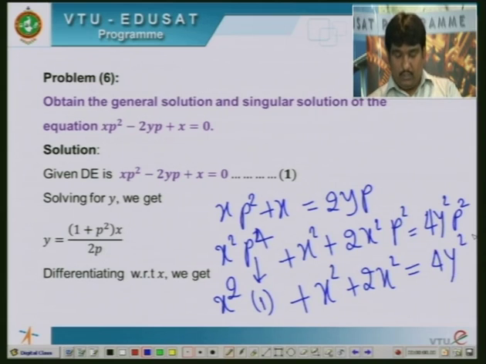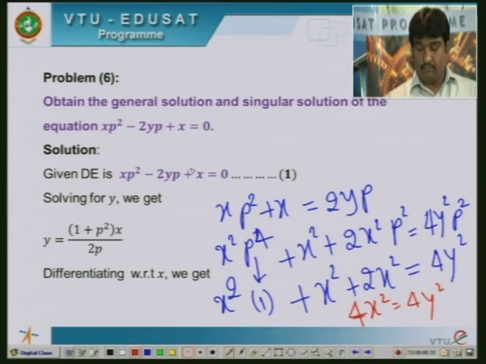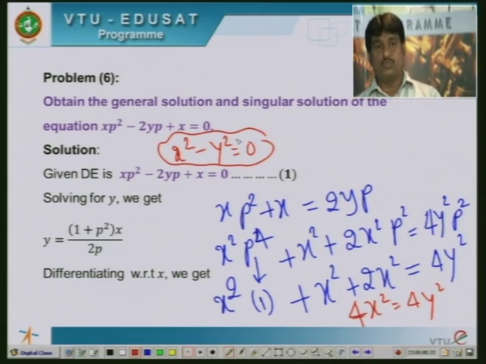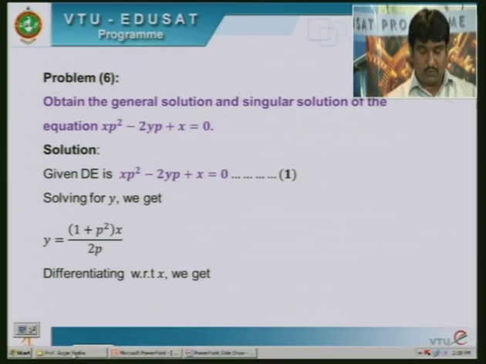You add all these things, x square plus 2x square is 4x square equals to 4y square, which implies x square minus y square equals to 0. So this x square minus y square equals to 0 is a singular solution of this differential equation.